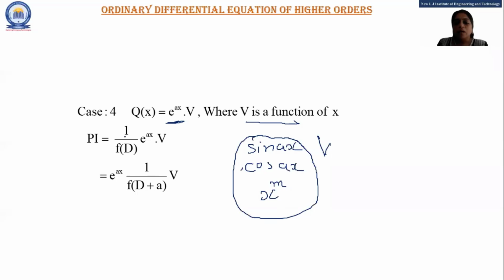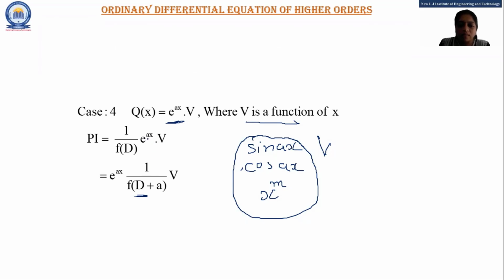At that time, for the solution of this, you have to write the particular integral as 1 upon function of d into e raised to ax into v. Okay. See, now listen carefully. This is the most important step. For the solution of this type, you have to add, okay, not replace. You have to add multiple of x in d.